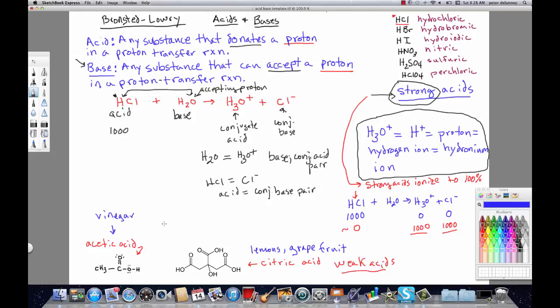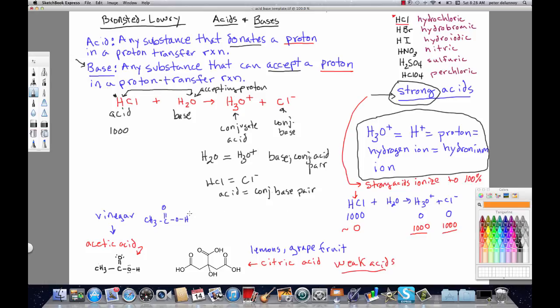Now, these are called weak acids because when you add them to water, they do not ionize to 100%. So let's say I rewrite my acetic acid here, that's the simpler one to work with, because it only has 1 proton that's going to be donated to solution.